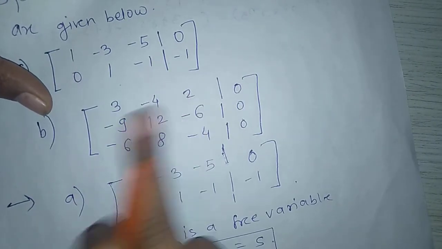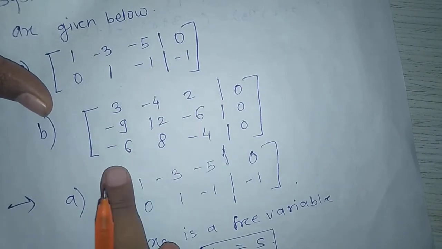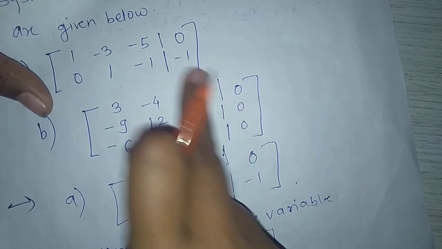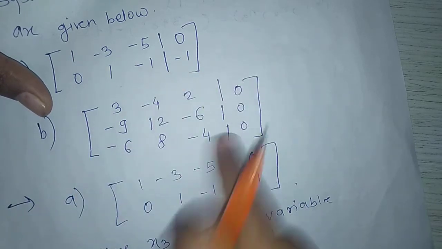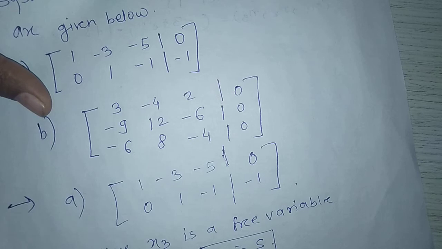Next example B. [3 -4 2; -9 12 -6; -6 8 -4] is the coefficient matrix, and [0 0 0] is the column matrix of constants.